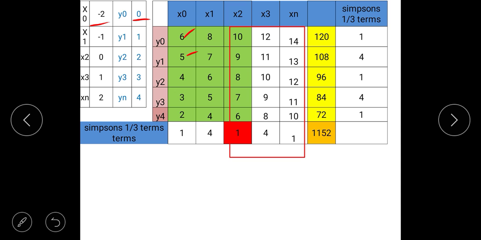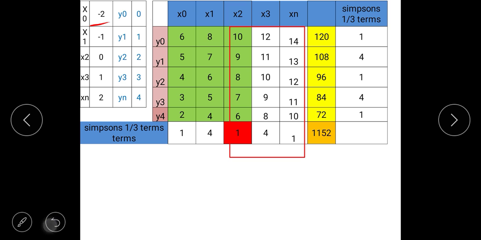Now after completing this table, remember these numbers we have discussed in previous slides: 1, 4, 1 and 1, 4, 1. If you don't want to remember these numbers, you can just remember Simpson's 1/3 rule, that is h by 3 into y0 plus yn plus 4 into odd terms plus 2 into even terms.